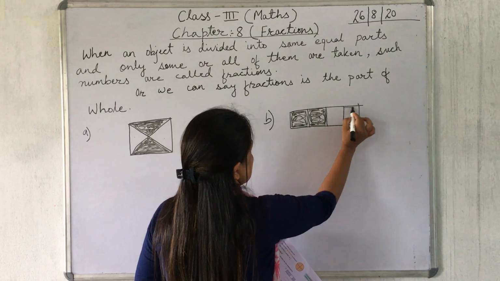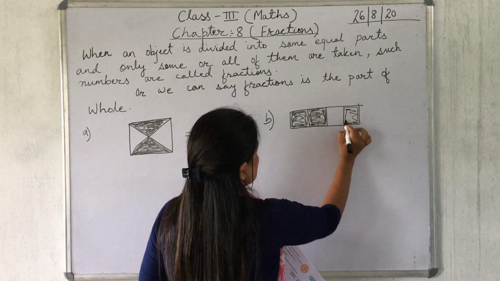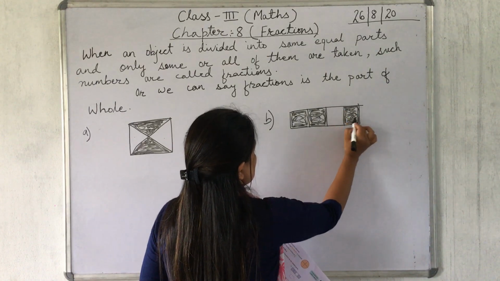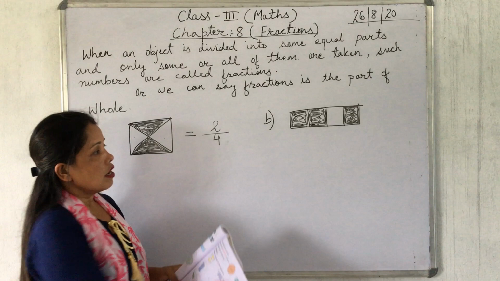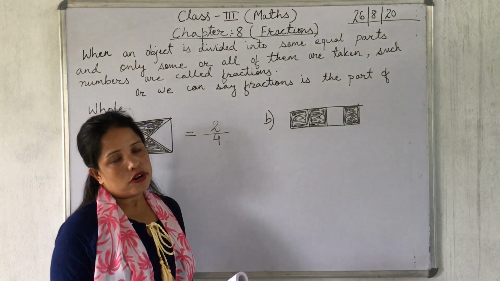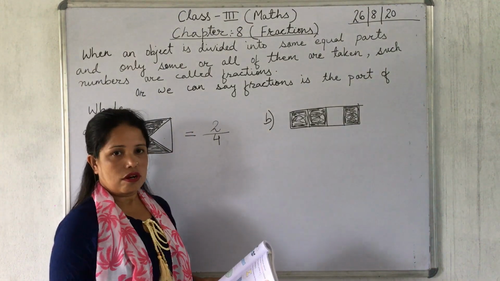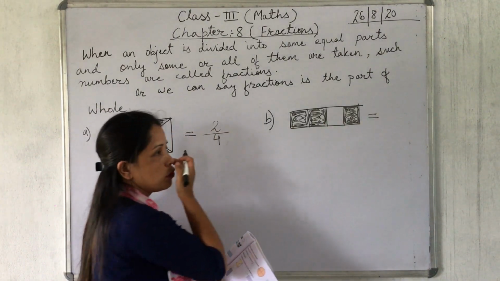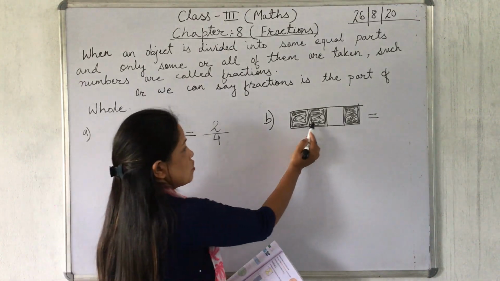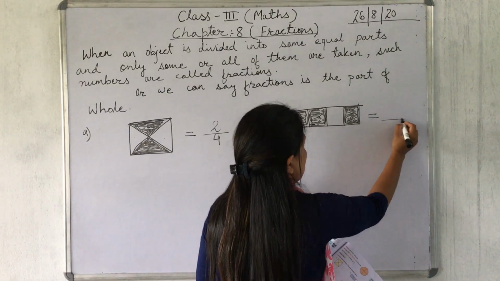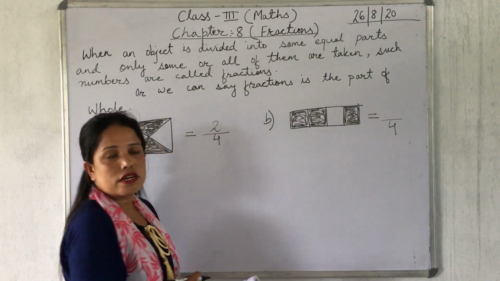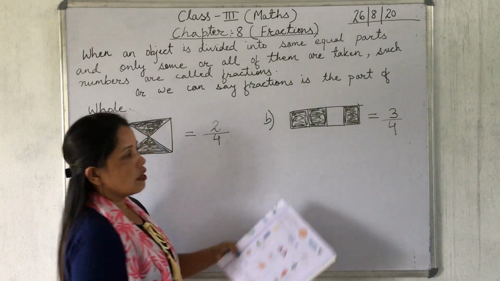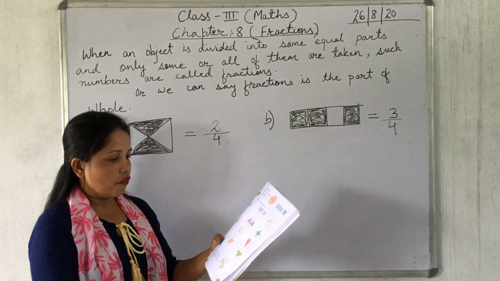Understood? So, you have to write a fraction of this figure. So, how will you write? Look here. How many total equal parts are there? 1, 2, 3, 4. So, write here 4. And how many parts are shaded or colored? 1, 2, 3. Write here 3. So, 3 by 4 is the fraction of this figure.